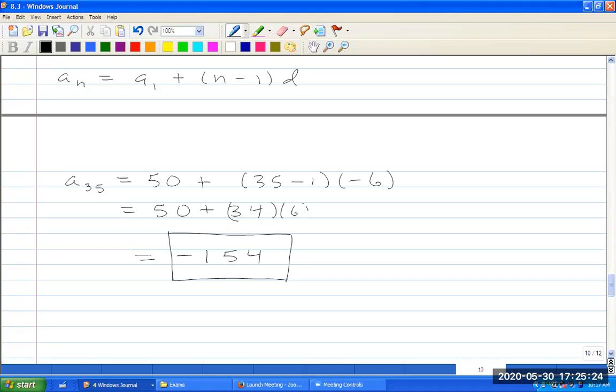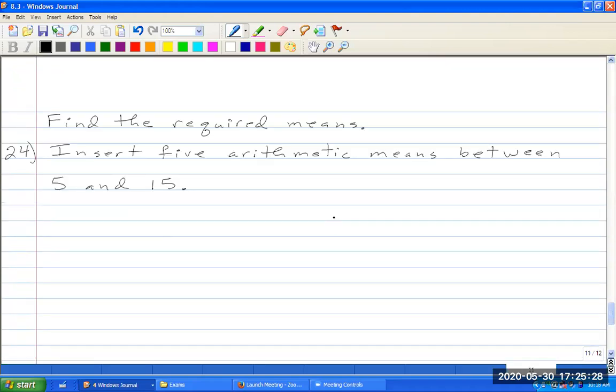Okay, so let me do problem 24. Find the required means. Insert 5 arithmetic means between 5 and 15. Okay, so let's just recall the arithmetic mean.